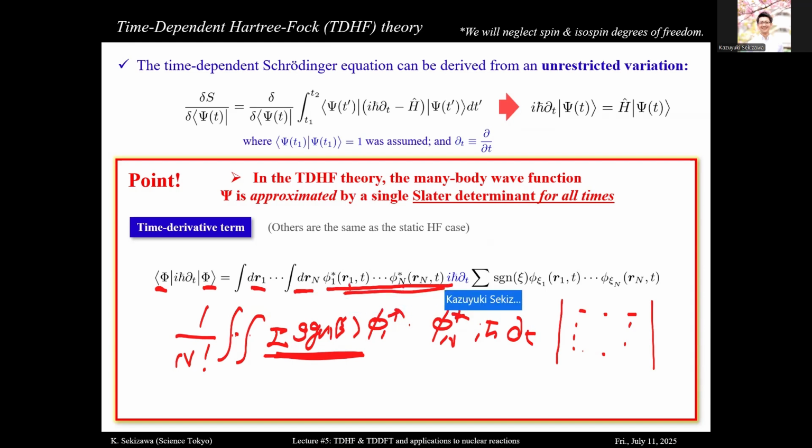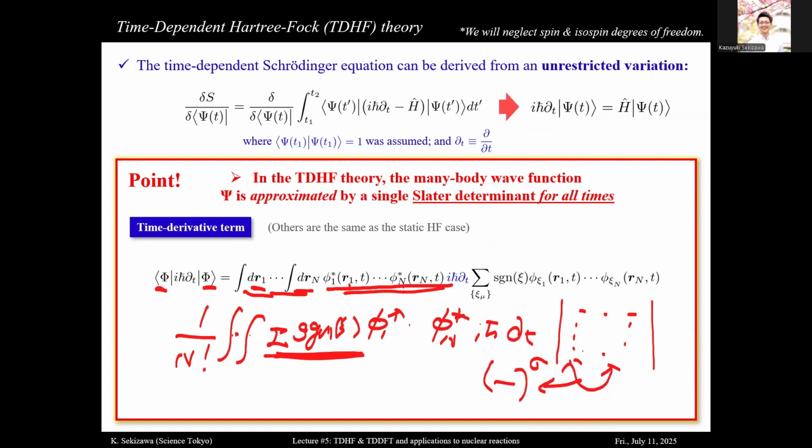But if we change the integration variable, it corresponds to a change of rows or columns, so it generates a minus sign, proportional to the number of permutations.